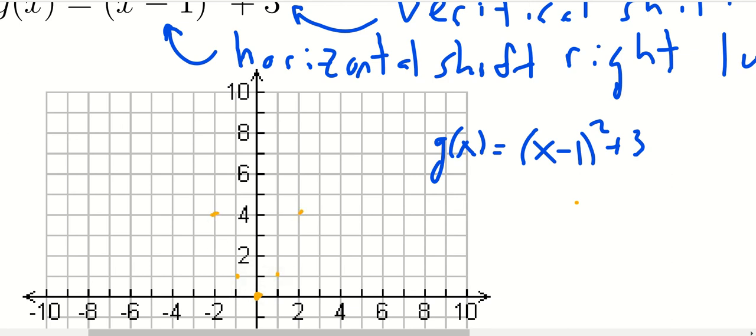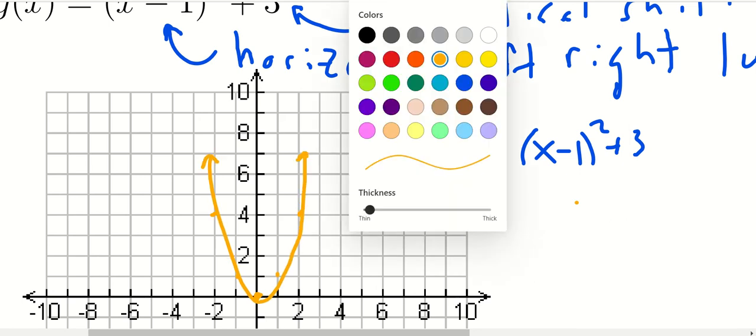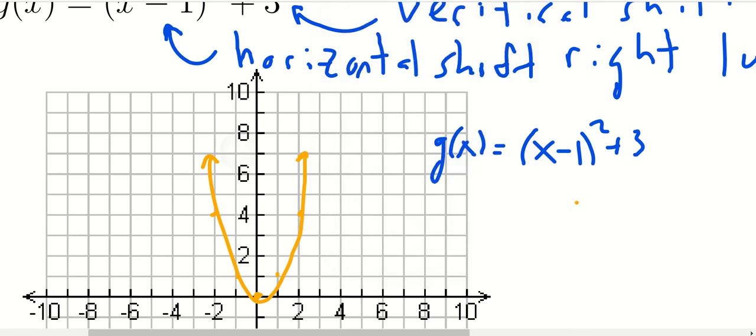My apologies. So here's our graph of x squared, and we're moving over 1 and up 3. So over 1 and up 3 for each point. Over 1, up 3. Over 1, up 3.